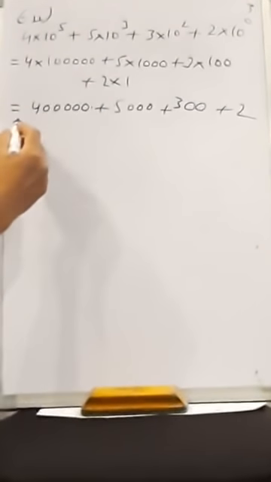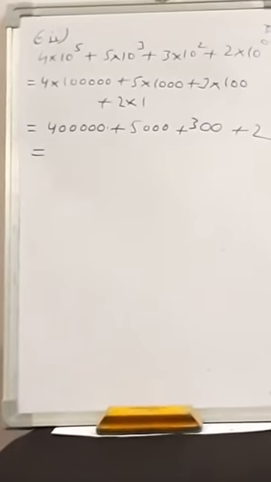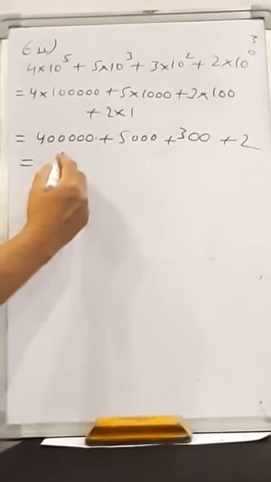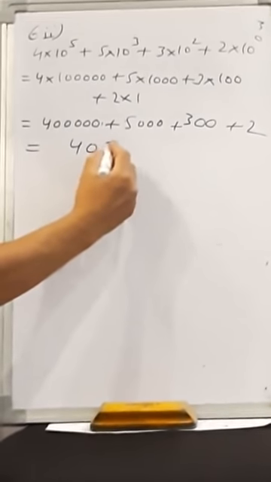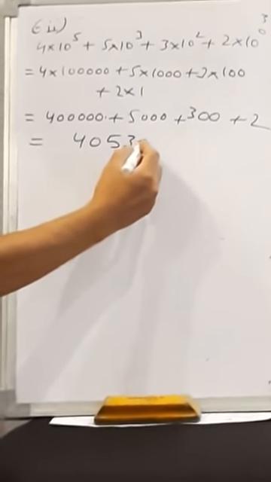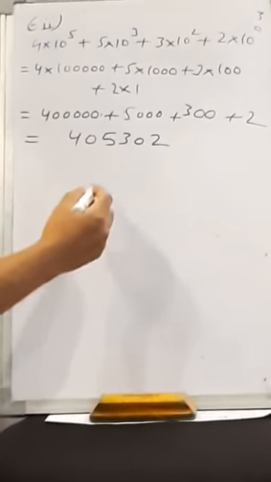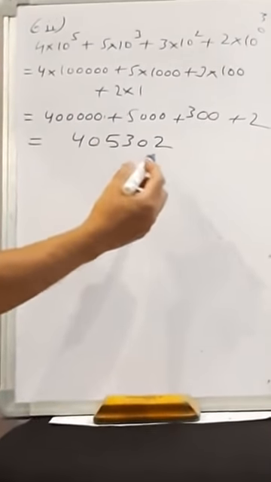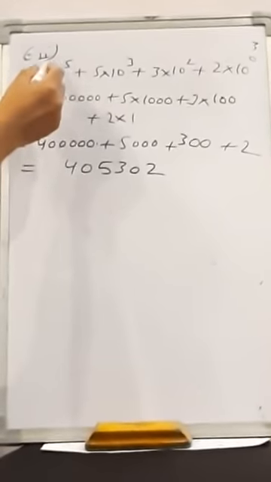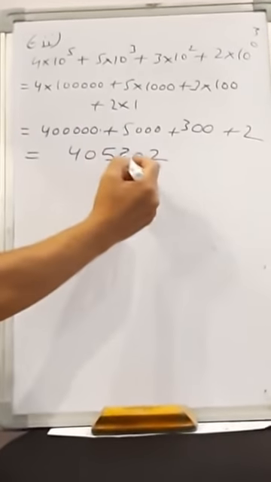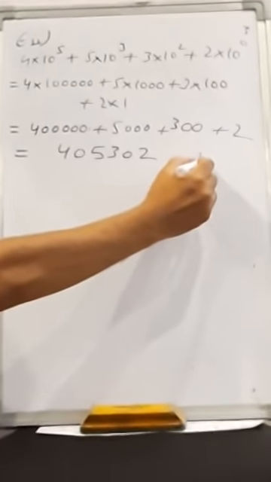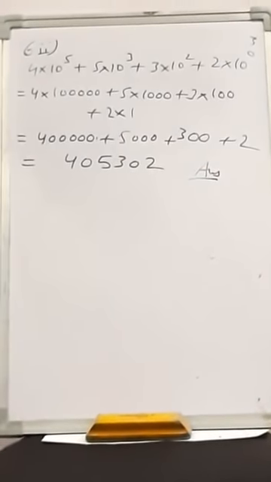Now if we add all these numbers, we get the final number, that is 405,302. You can do normal addition as you always do. So we wrote the number in expanded form like this, and then we multiplied, and then we got the final number, and that becomes the answer. Thank you.